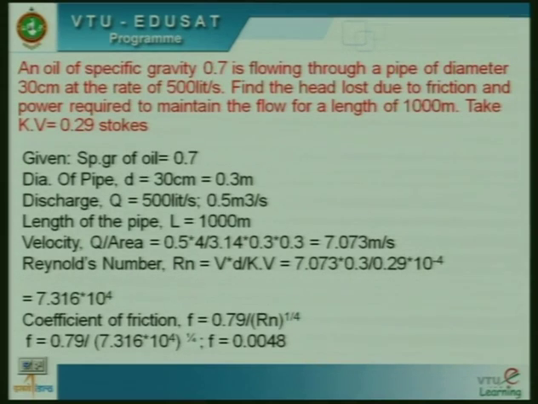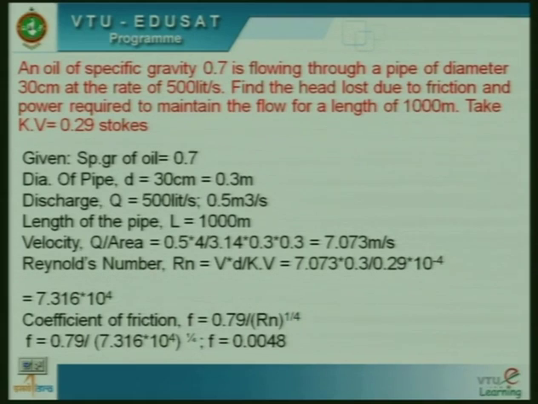Now let us solve a simple problem on this head loss due to friction. Read the problem. An oil of specific gravity 0.7 is flowing through a pipe of diameter 30 centimeter at the rate of 500 liters per second. Find the head loss due to friction and power required to maintain the flow for a length of 1000 meters.